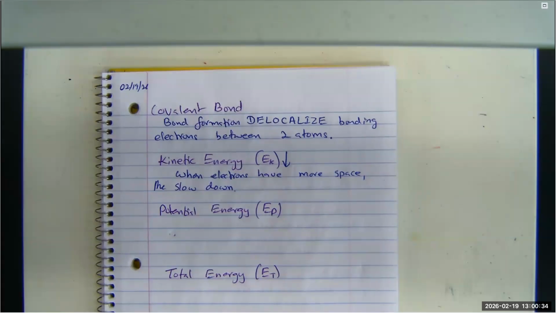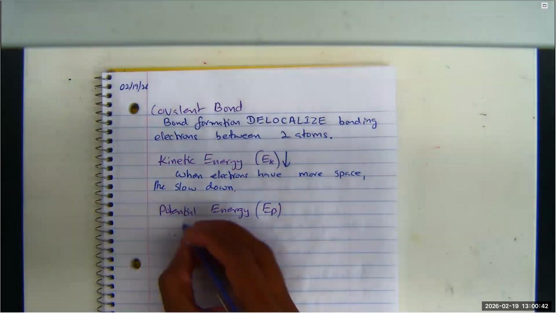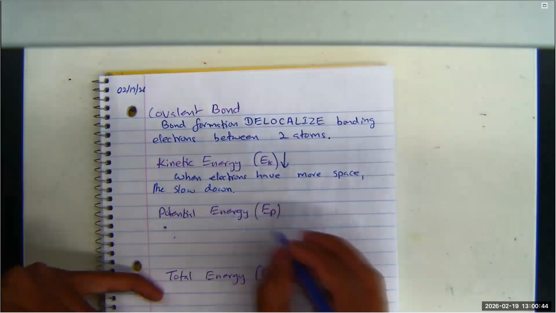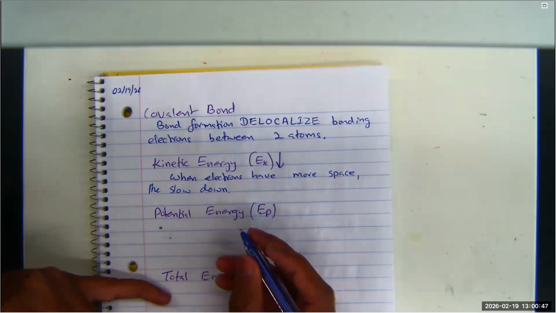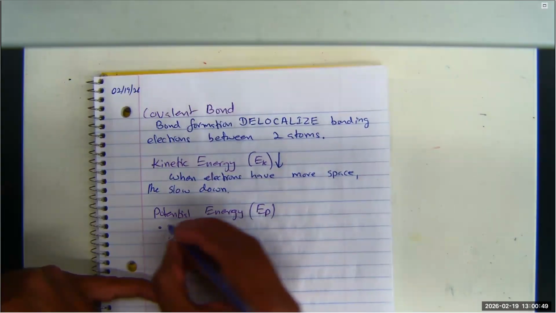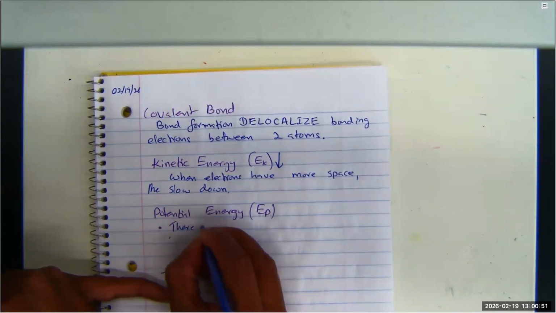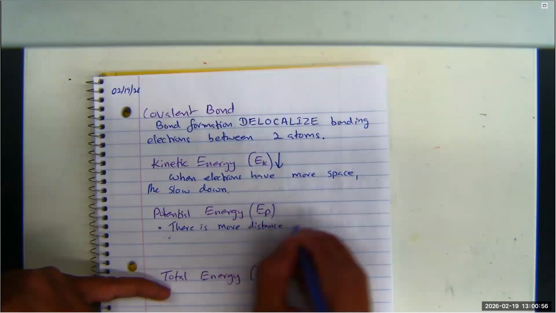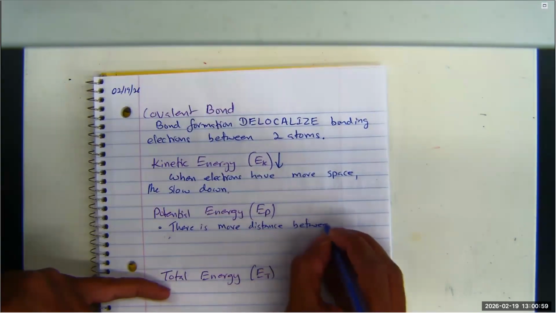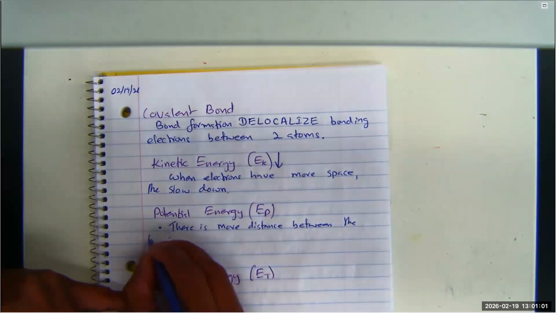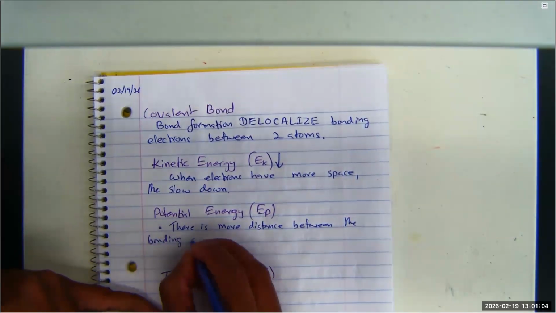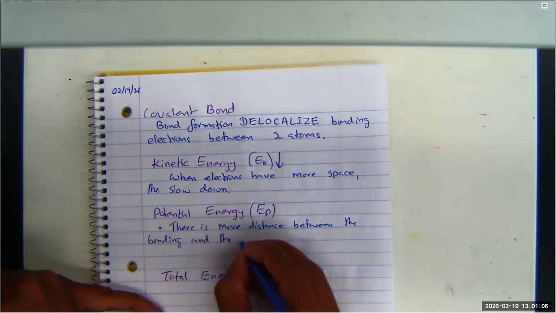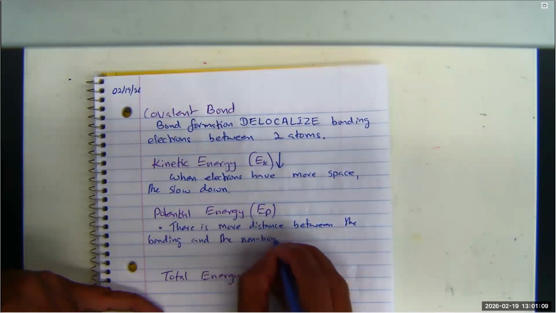Okay, so let's write that down. There are other reasons we can talk about if you want to, but at least one reason. How can we do it? Okay, there is more distance between the bonding and the non-bonding electrons.